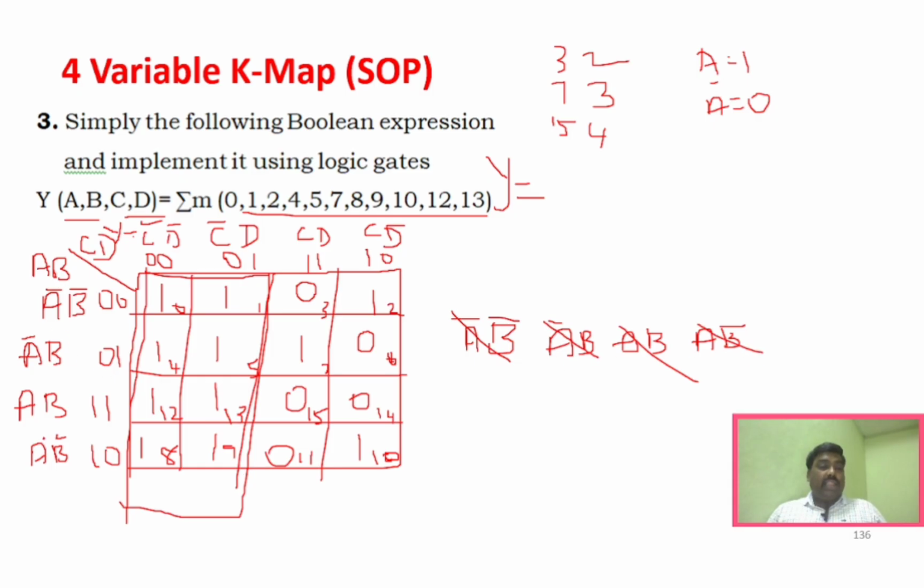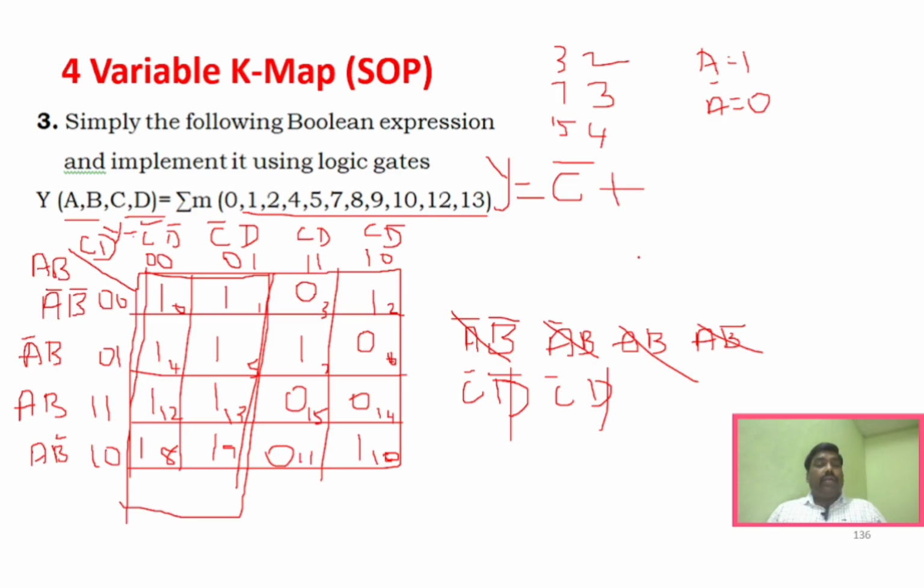So here nothing remains. If you take these two, it is C bar D bar and C bar D, where D and D bar get cancelled, so you have only C bar. So for this complete 8 box, you'll have only C bar as the answer, correct?